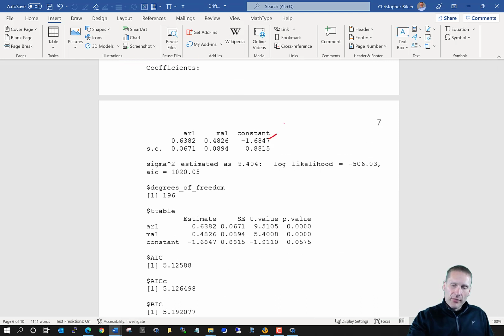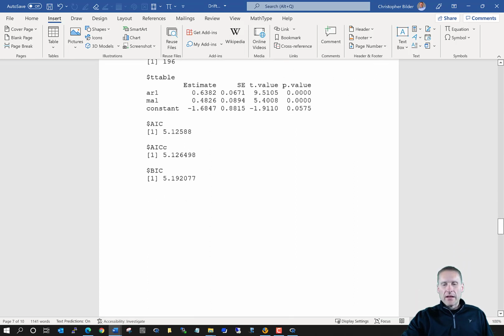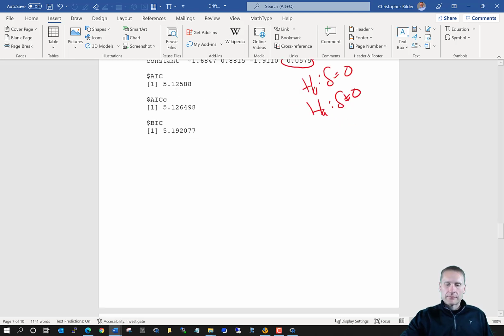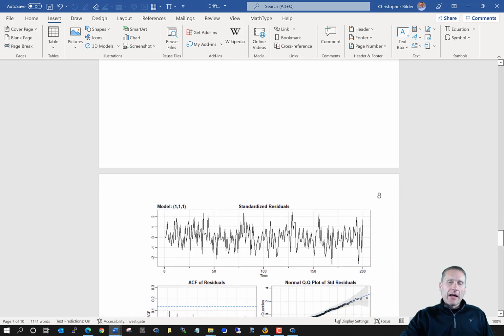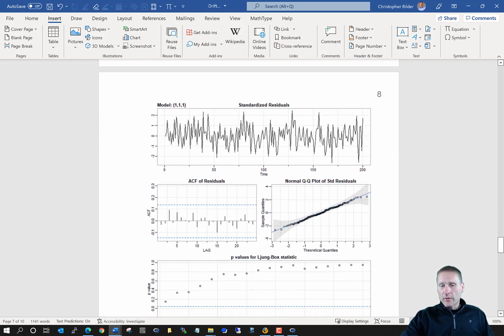And in its output, here is delta hat, exactly like what we had before. There's a number of other useful things here. For example, here's the corresponding p-value when I test whether delta is equal to 0 or not. Now, whenever you run this function, please note that you also get some plots with it.